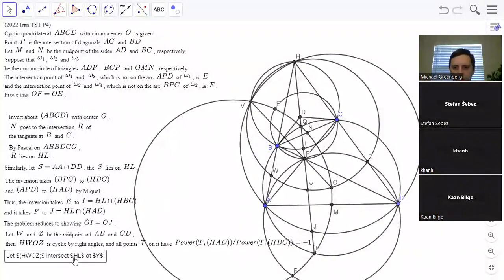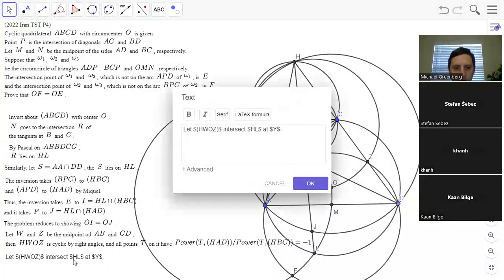So then we would have YQ equals YL by the above power lemma. We have YQ equals YL.